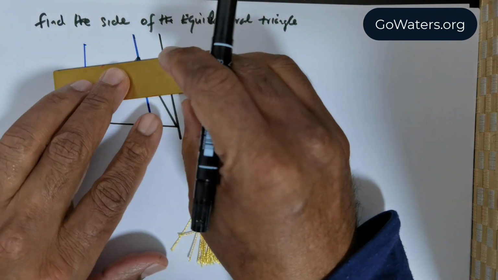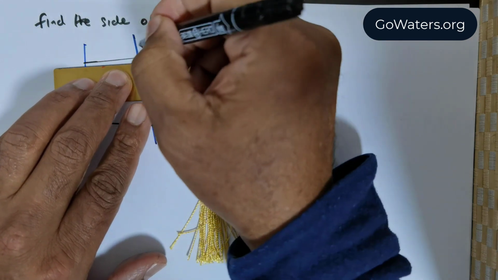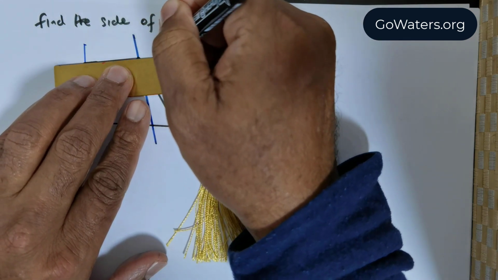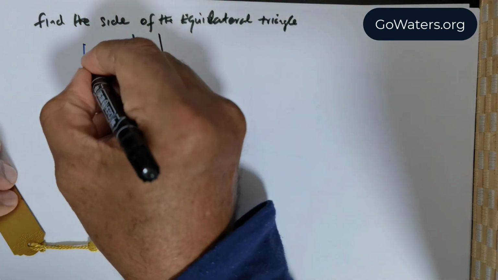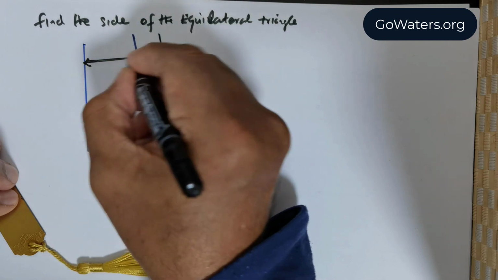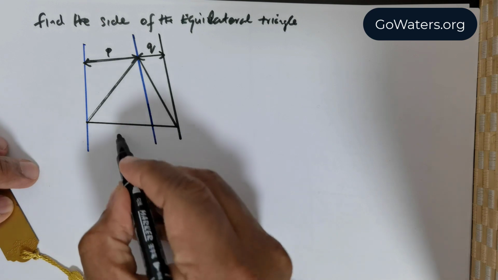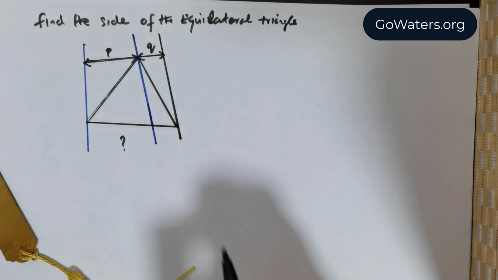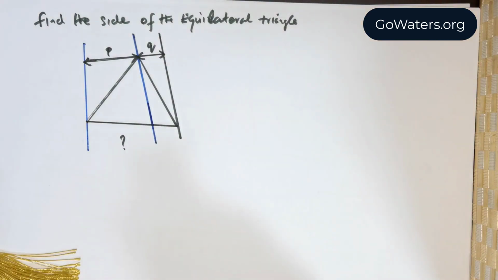Now there is a connection. This is given as P, this is given as Q. We are expected to find the length of this side, right?